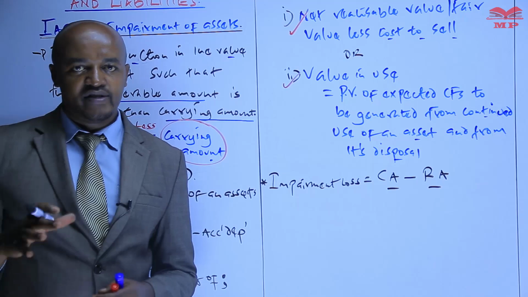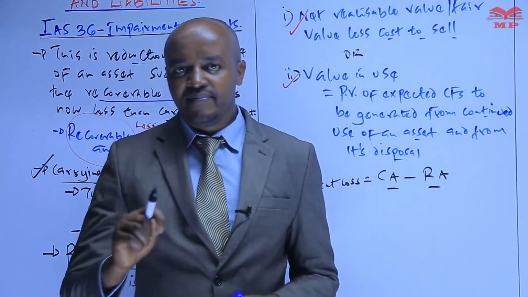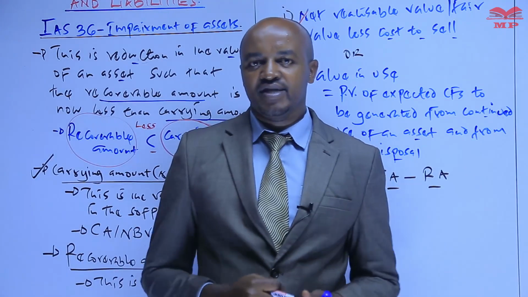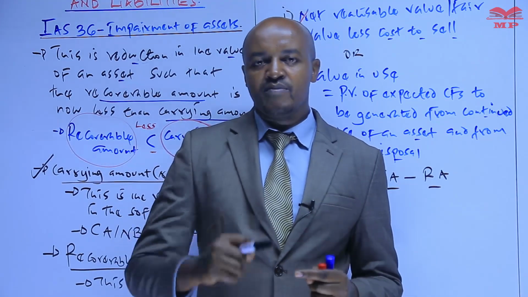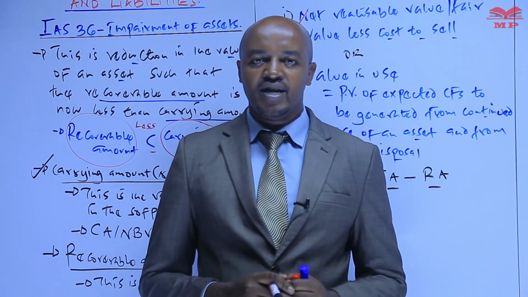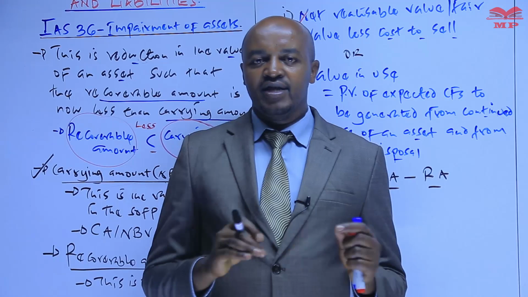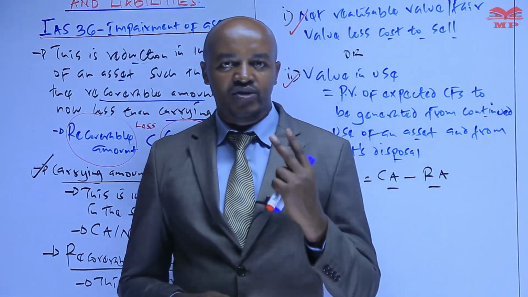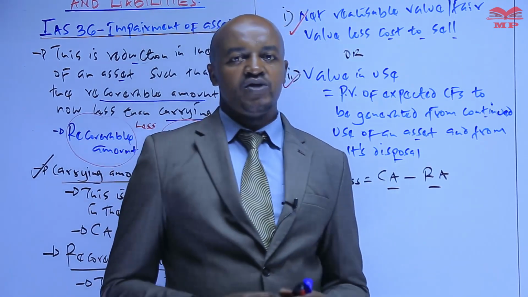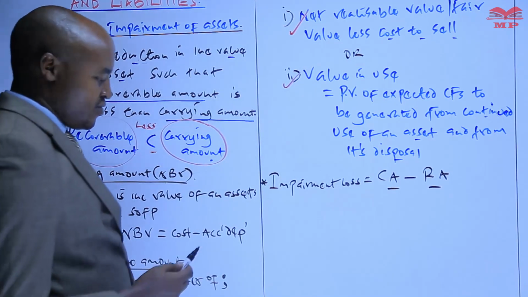So that is the first thing you need to know here: impairment of the asset is that particular reduction in the value of the asset such that the recoverable amount is less than the carrying amount. The carrying amount of the asset is the same as the net book value, and the recoverable amount is the higher of two values, the value in use and the net realizable value.